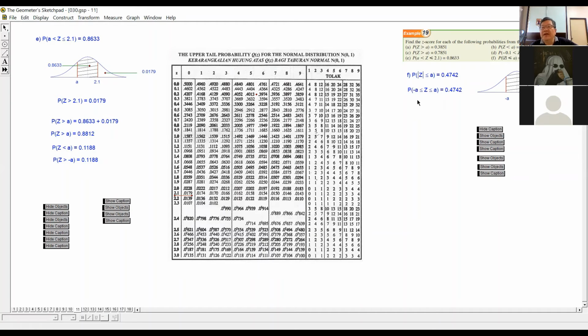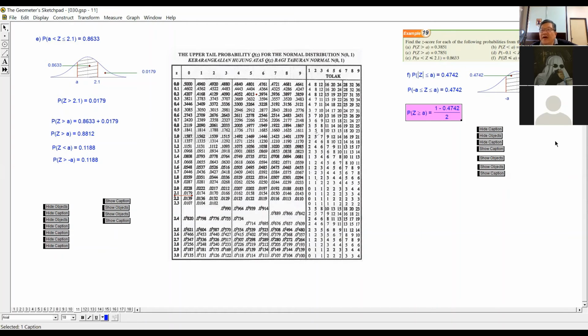So the probability of Z between negative A and A is 0.4742. How to find the probability of one side?